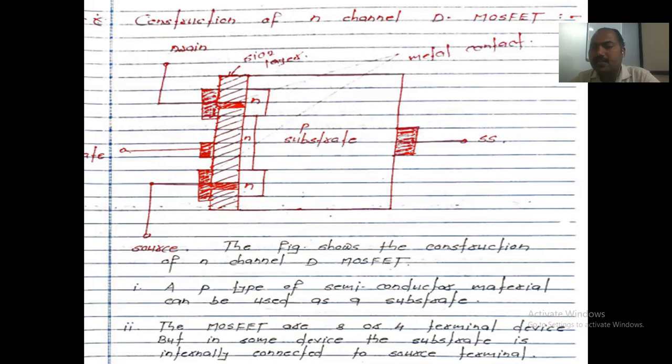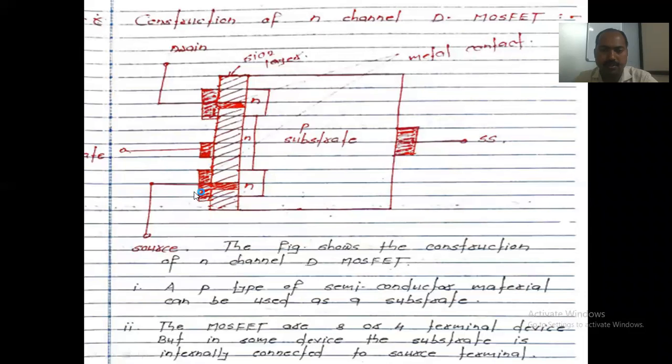But in this case, there is one extra terminal internally, the substrate terminal. This substrate terminal should be connected to the source terminal of the device. But in some applications we need four terminals, that's why the substrate terminal is added to the device. This substrate terminal is internally connected to the source terminal of the device.